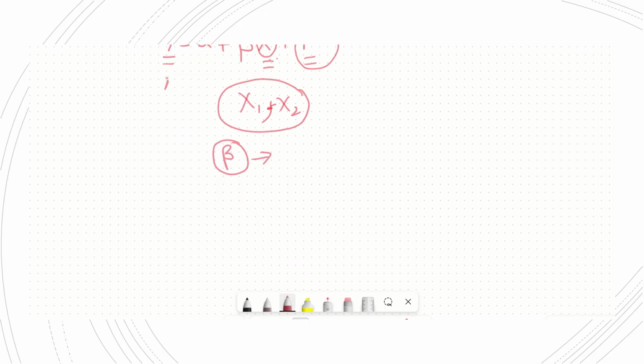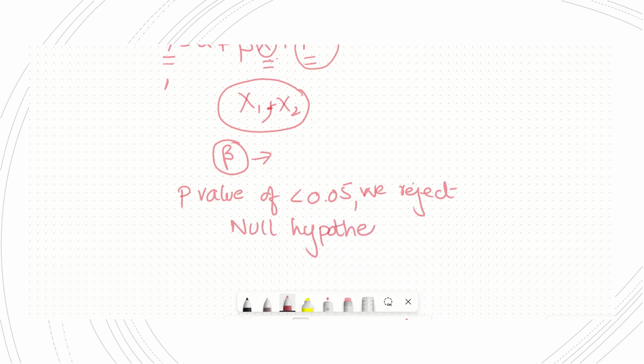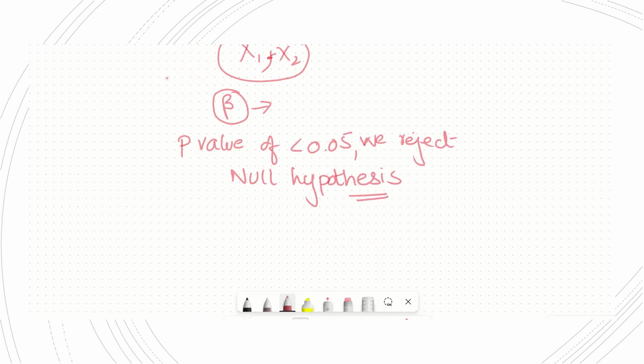If we see the p-value, at a p-value of less than 0.05, we reject our null hypothesis. So first of all, what is the null hypothesis here? The null hypothesis is usually what researchers do not expect to happen. When we are looking at the regression coefficients, the null hypothesis is that beta is 0, which means that it has no effect on your dependent variable.